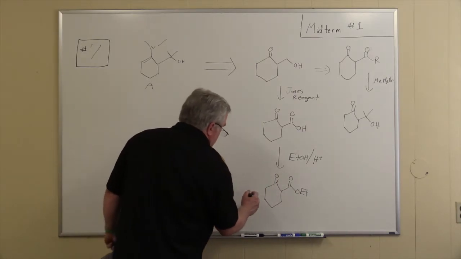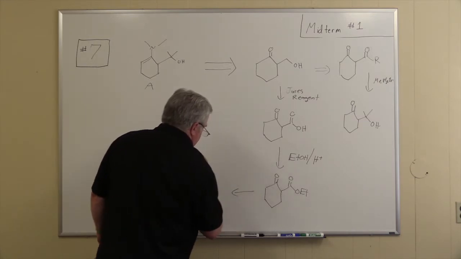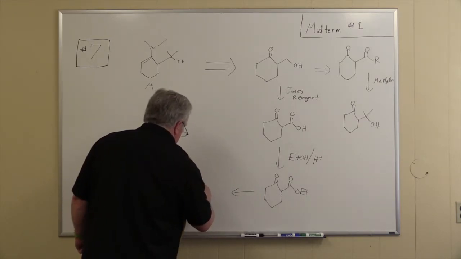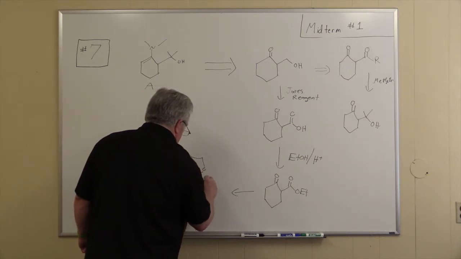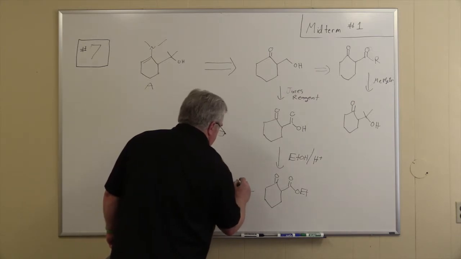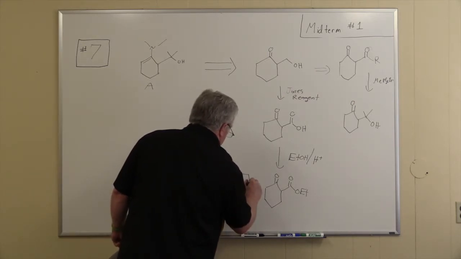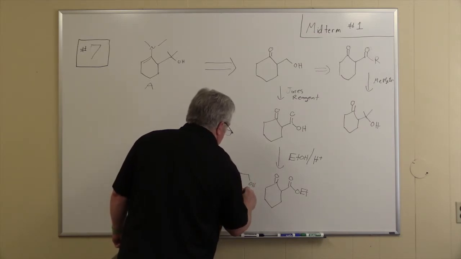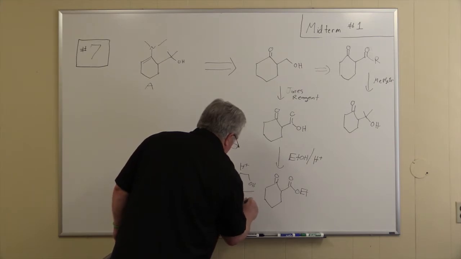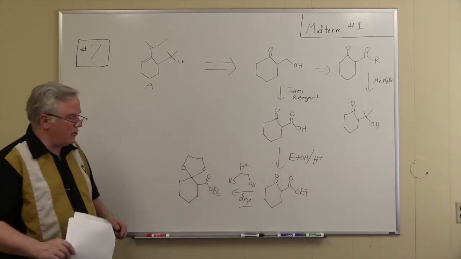We can actually protect this by doing this reaction with a little bit of acid catalyst around, and we have to make sure that it's dry. Why do we have to make sure it's dry?